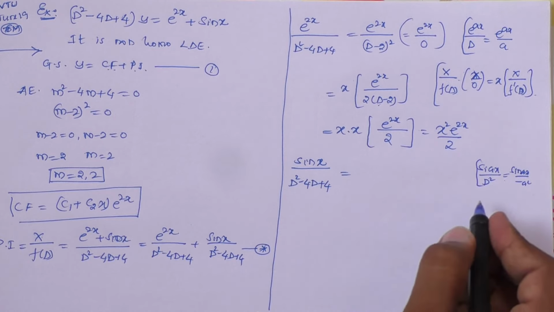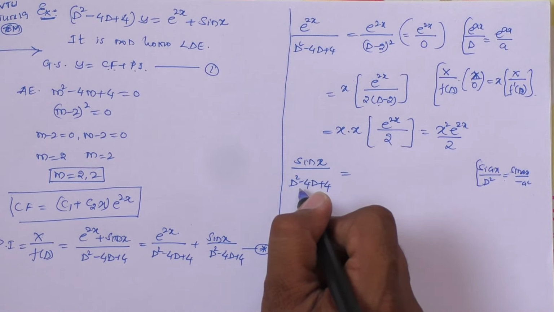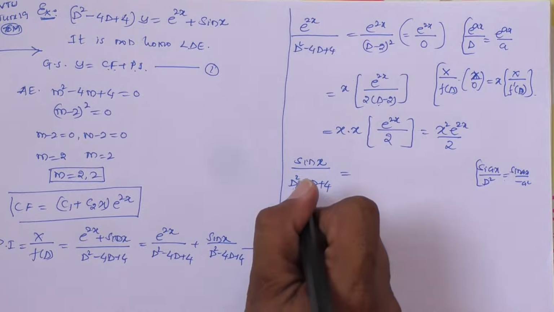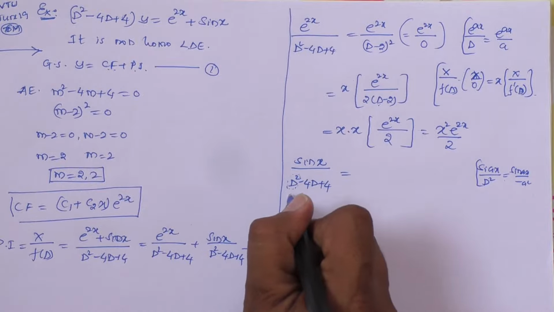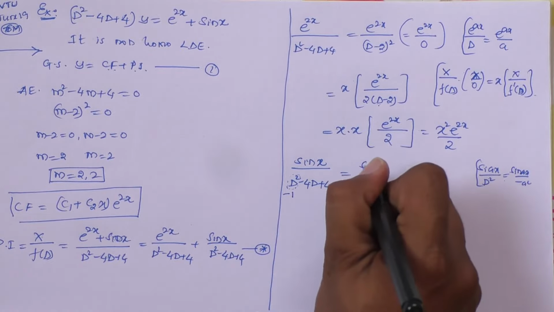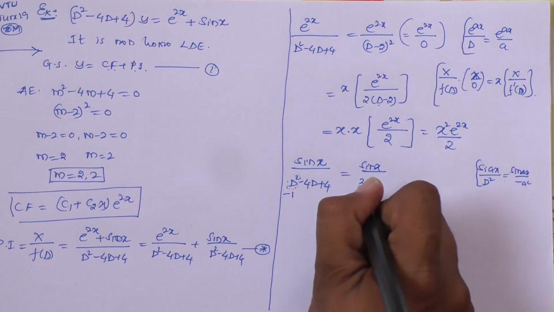So whenever we have sin ax or cos ax with denominator d square, replace d square by minus a square. So here sin ax, 1x is there, so a is 1, so a square is 1, so replace d square by minus 1.